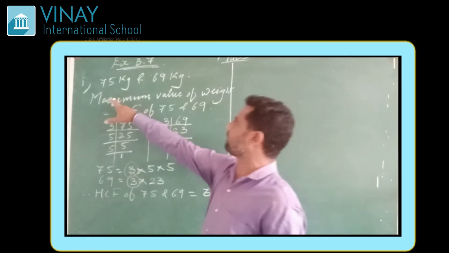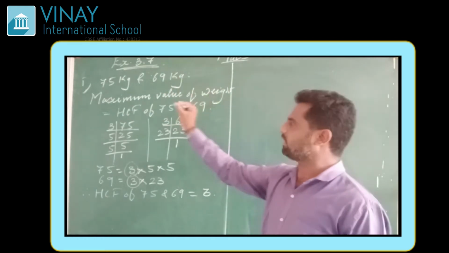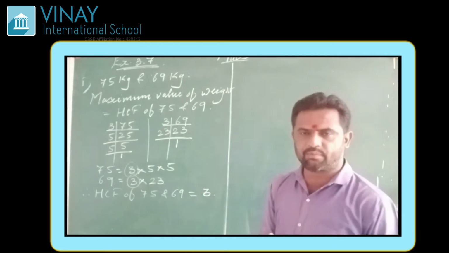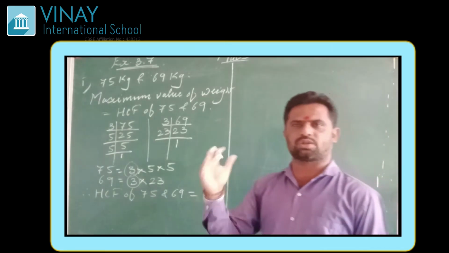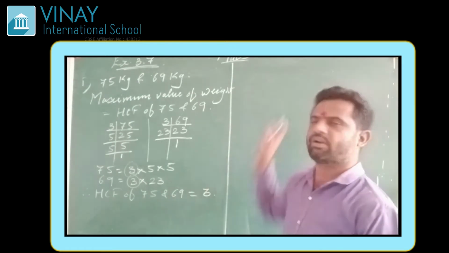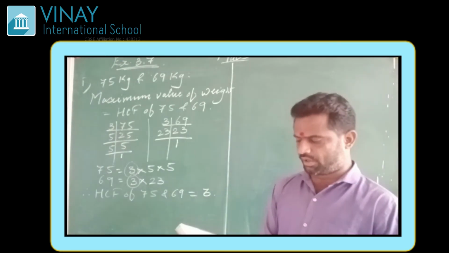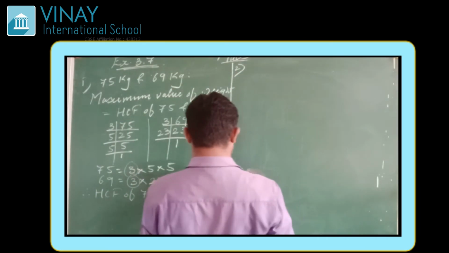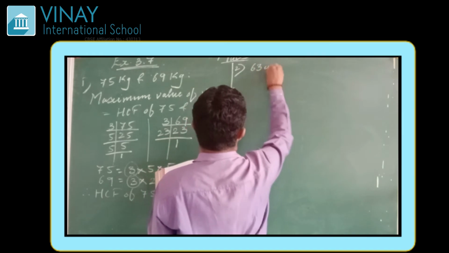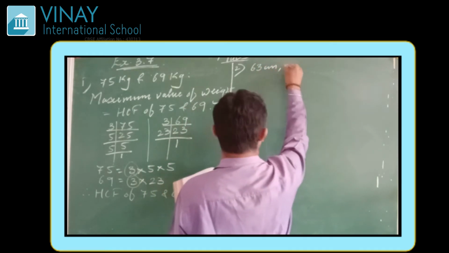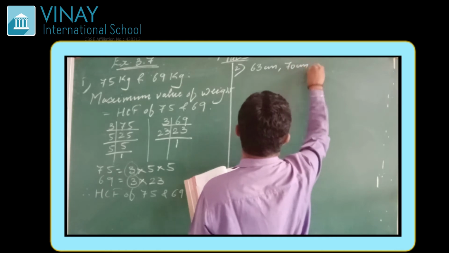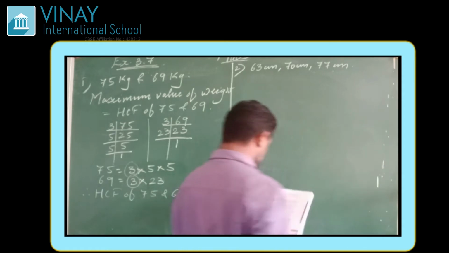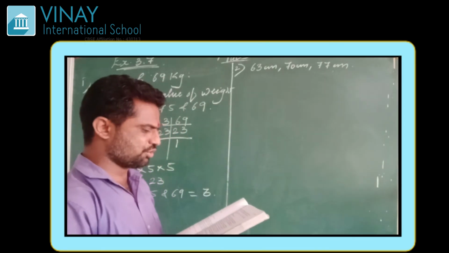As we had done for the maximum value, whenever there is a maximum or greatest, we always have to find out HCF. In the same way, whenever there is a minimum or smallest or least, we always have to find out LCM. So here it is given that the 3 boys have stepped together 63 centimeter, 70 centimeter and 77 centimeter, and we have to find out the minimum distance each should cover.